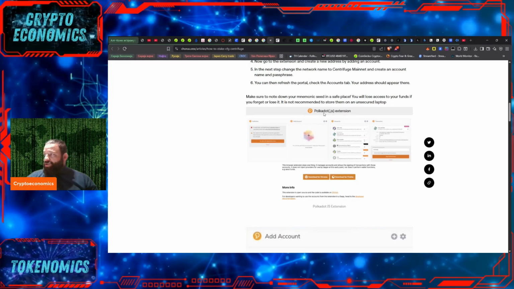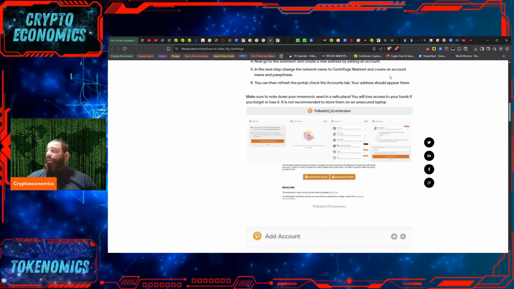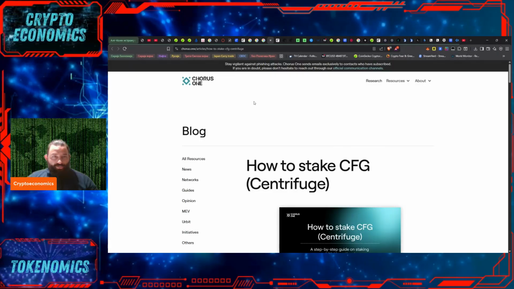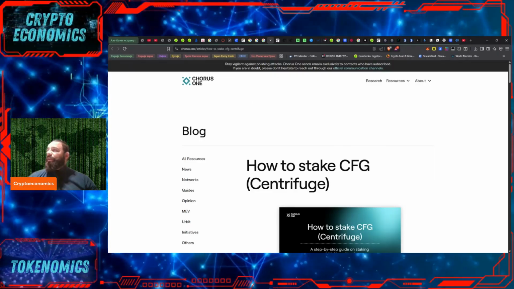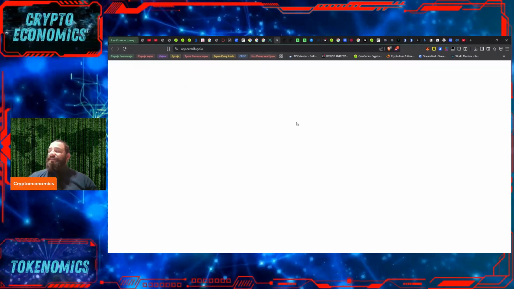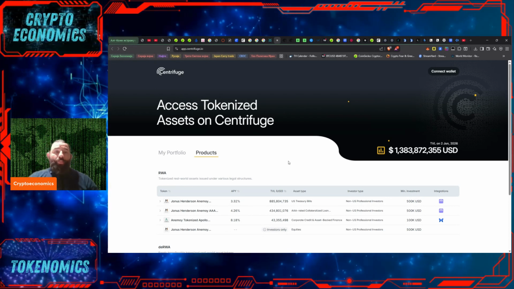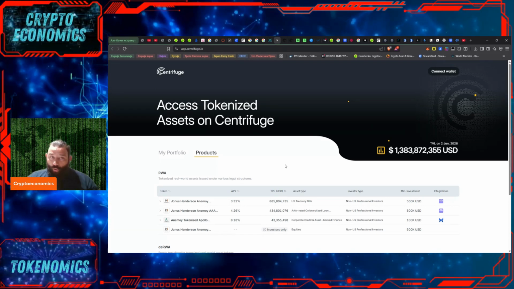As I've mentioned, Polkadot.js is an extension you need to add to your browser. It's like a Polkadot wallet. The link to this article you can find in the description, where you can see how to stake your Centrifuge coins. I have not seen any other option except for centralized exchanges, which we do not recommend, because if something happens to the centralized exchange, you will not be able to take your coins away.